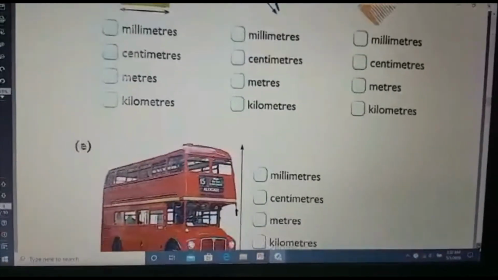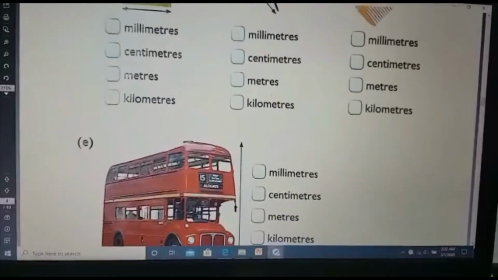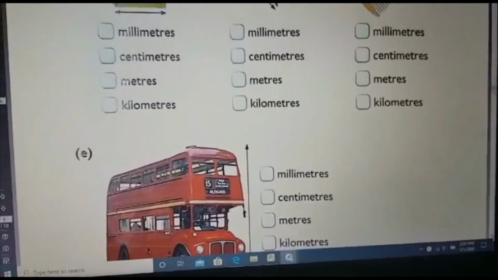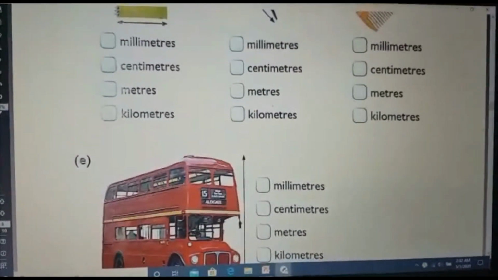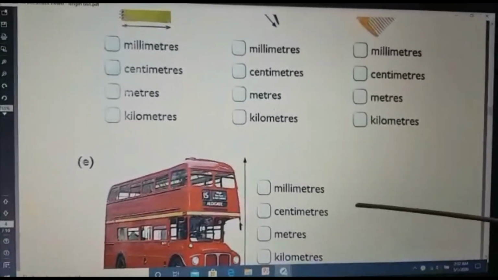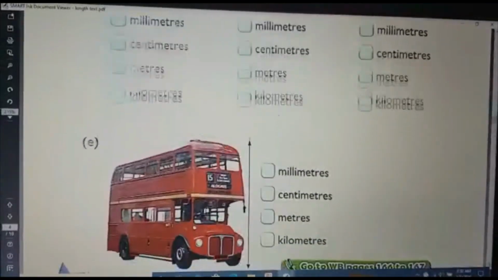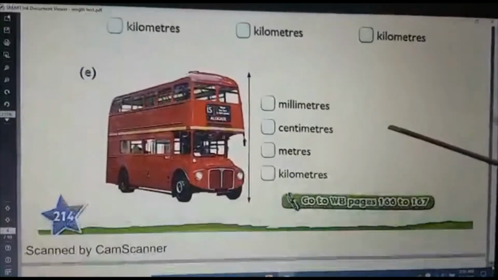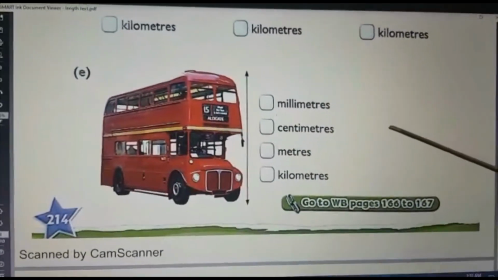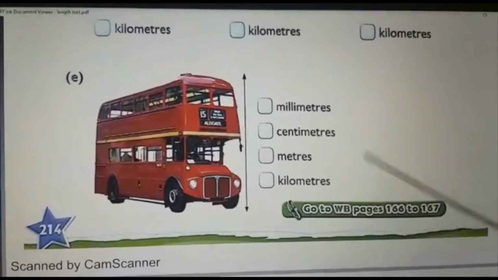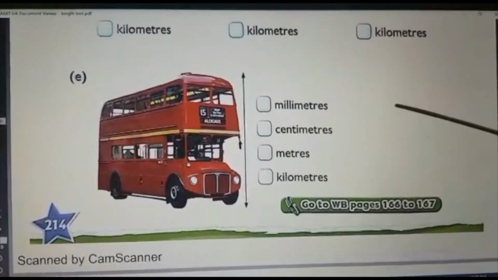Actually, you can even use millimeters, joining small millimeters together. But which will be the appropriate, the correct apt measuring unit? That is what you need to tick in these questions. Then see, a double-decker bus is there. Just as an example, what do you think for this double-decker bus, which one will you use? Can you use a millimeter scale? You can, but it is really foolishness, is it?